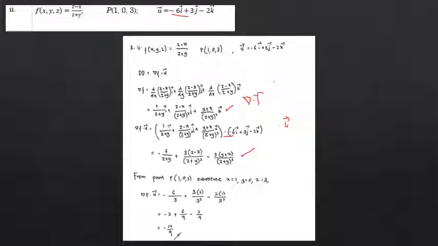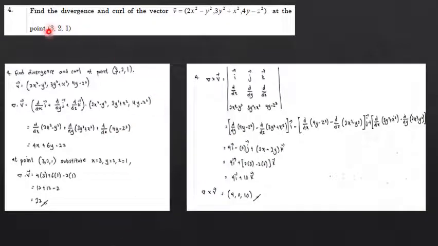Since it's given a point P (1, 0, 3), 1 is the value for x, 0 is for y, and 3 is for z. We substitute into the new equation and my answer is negative 14 over 9.